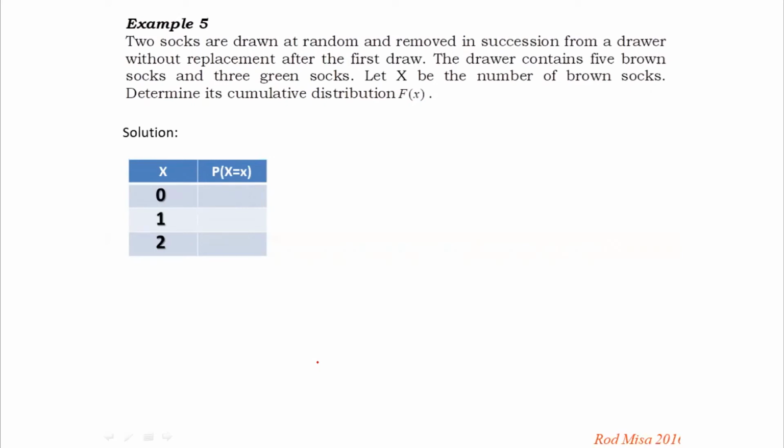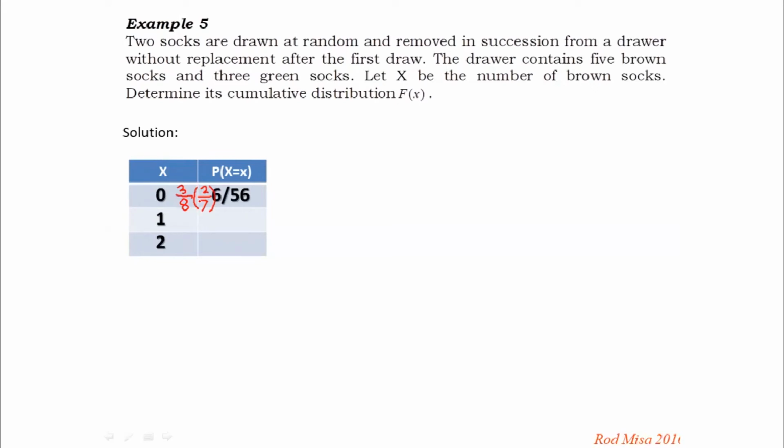Since there are 3 green socks out of the 8 socks in the drawer, we have 3 over 8, multiplied by the probability of the second draw, which is 2 out of 7, because we have 2 green socks remaining in the drawer after the first draw. Multiplying these numbers, we have 6 over 56.